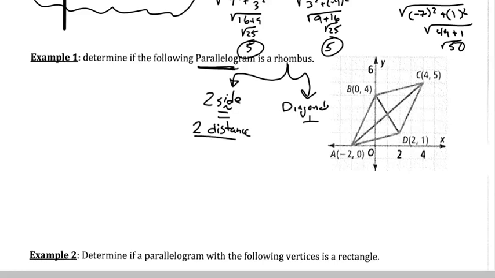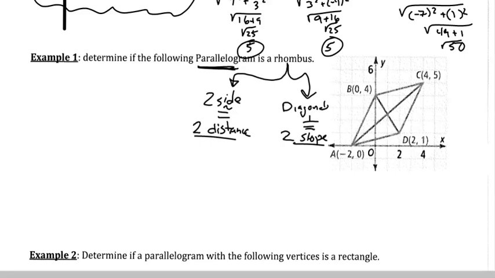That's one of your options. Do you want to do 2 distance formulas? Or to show diagonals are perpendicular is showing that 2 slopes are opposite reciprocal. What do you think is easier, 2 distance formulas or 2 slope formulas? It really doesn't matter. Either one will do the same thing, but just please be lazy and efficient.